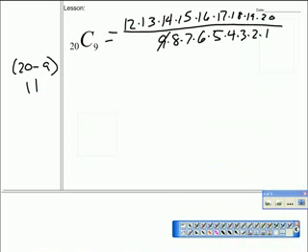Okay, let's see. 9 times 2 is 18. 5 times 4 is 20. Do you see how I'm just combining the numbers on the bottom to get some numbers on the top? What else can I do?